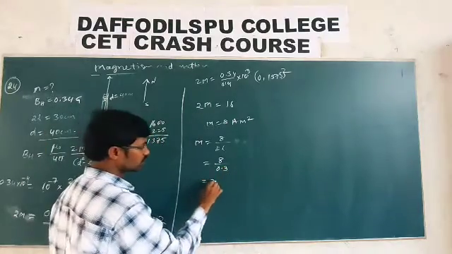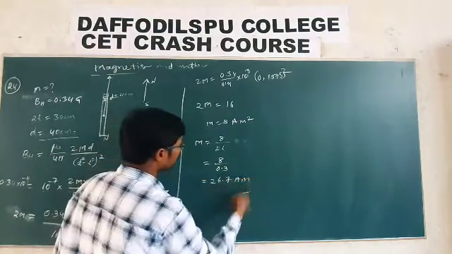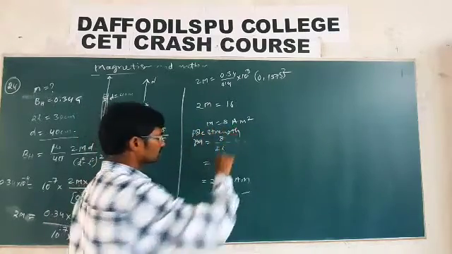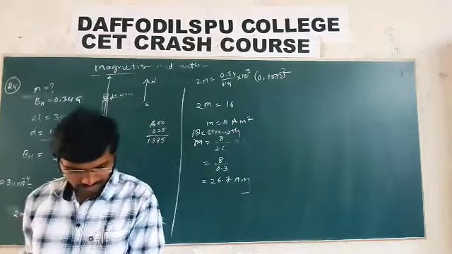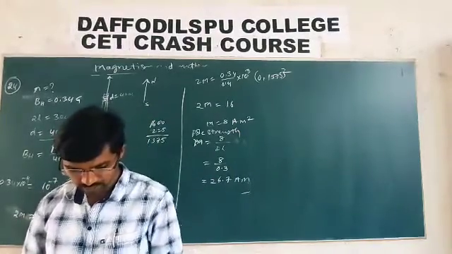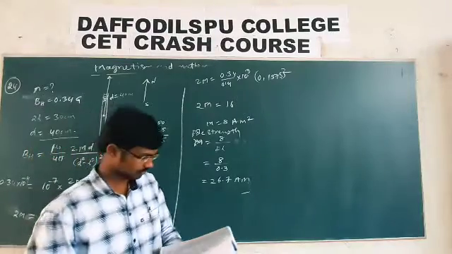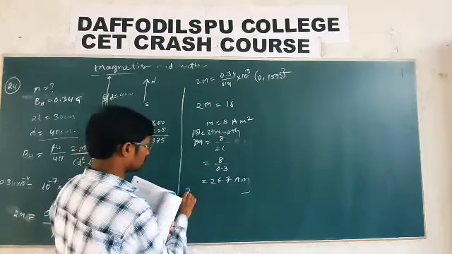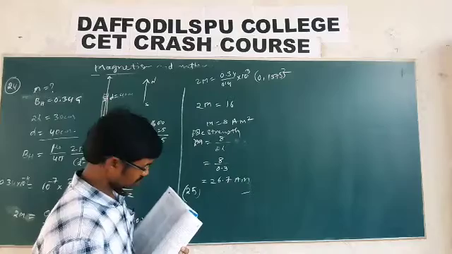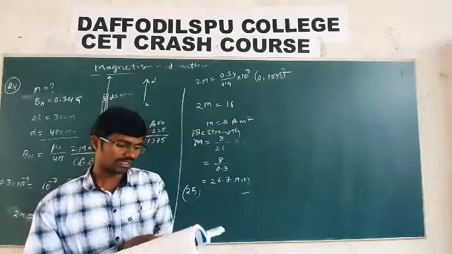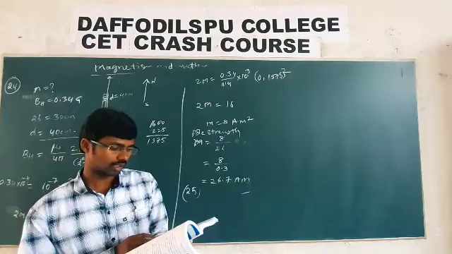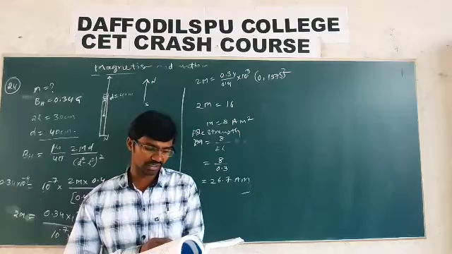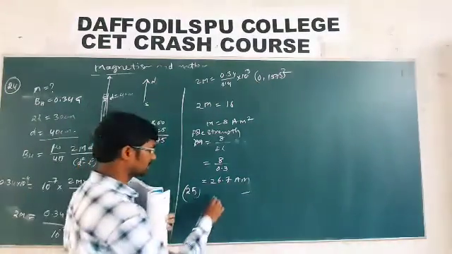We know I is equal to K tan theta, so I2 by I1 is equal to tan theta 2 by tan theta 1, which is tan 60 by tan 30, that is root 3 by 1 by root 3, which is 3. Then I2 is 1500 milliampere or 1.5 ampere. First answer.